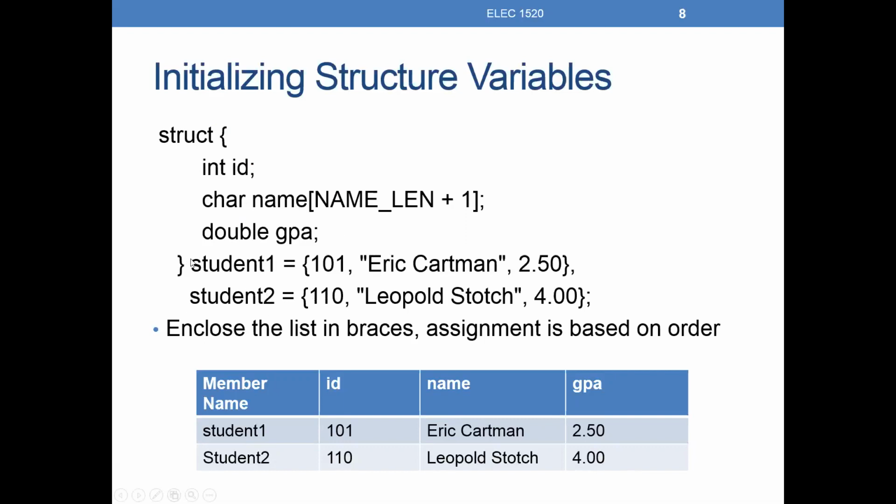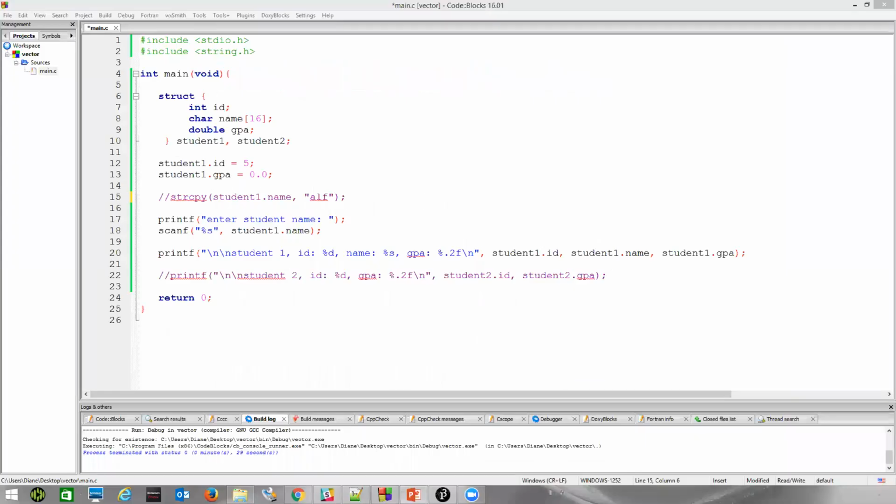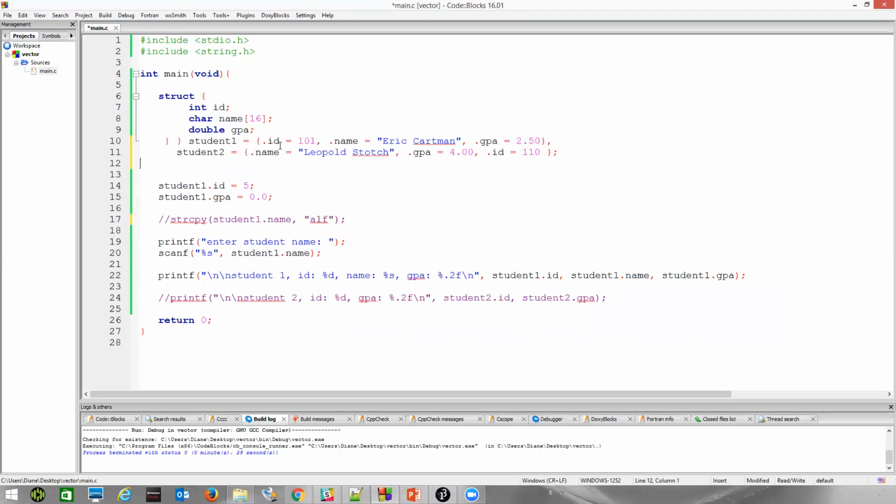So if we were to just copy this into Code::Blocks, taking me a minute to copy, grab an extra curly brace.